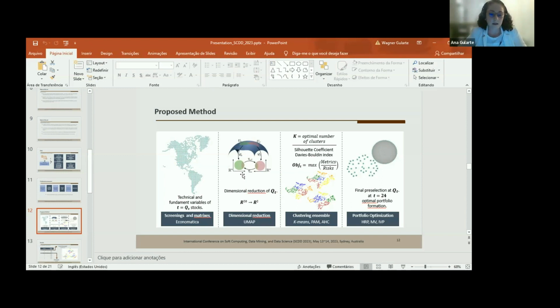The next stage, dimensional reduction: UMAP worked with an algorithm that was both scalable to massive data and able to handle the diversity of data available.